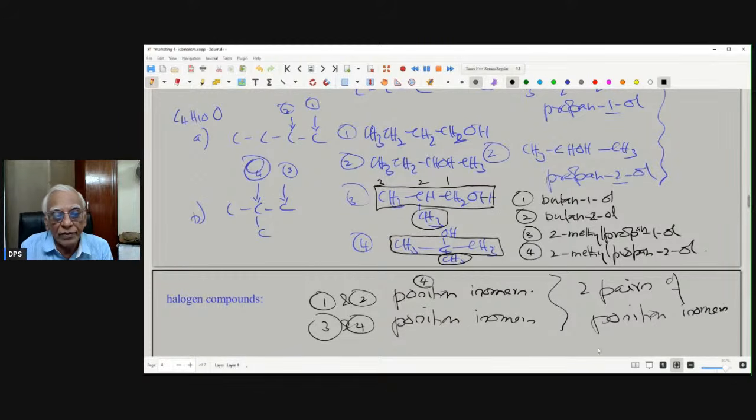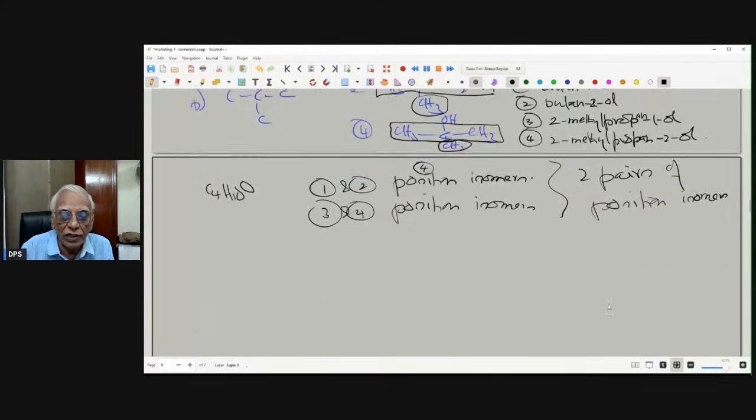For this molecular formula, C4H10O, at the same time, you can pair them differently also. 1 and 3, 1 and 4, it's a different pair. 2 and 3, 2 and 4.